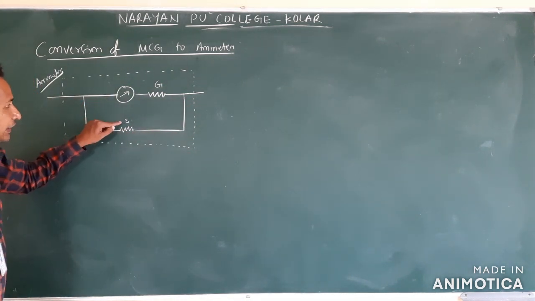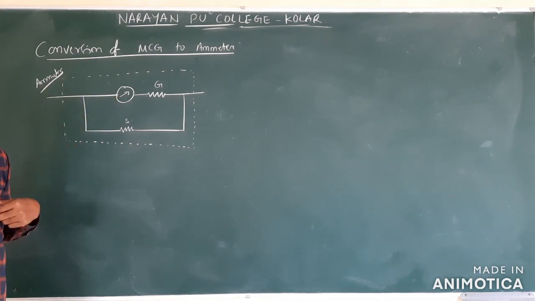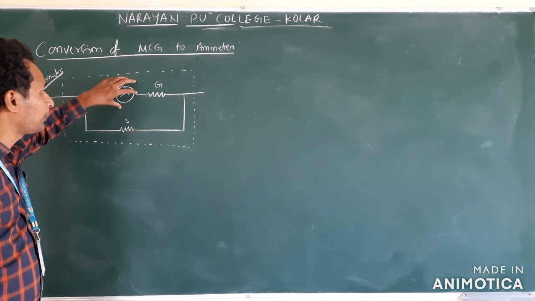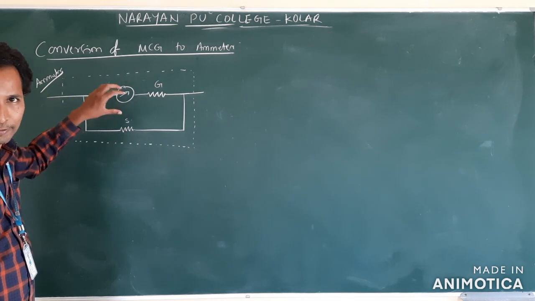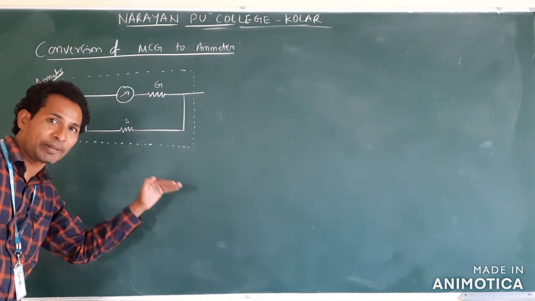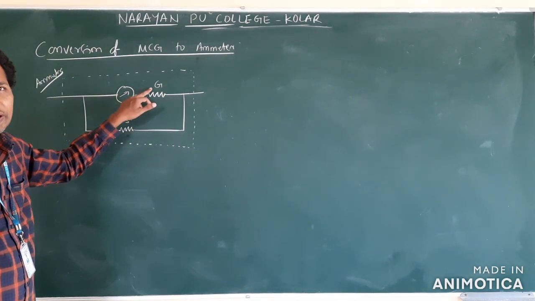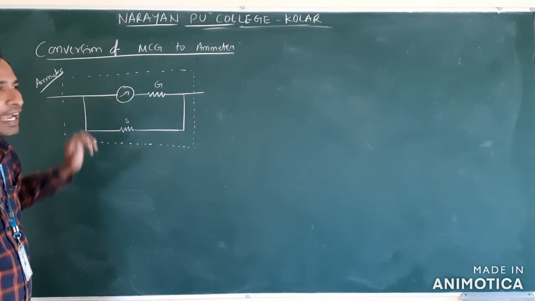The connecting S depends on the current being measured. Okay? It depends on our convenience. Clear? If we want to measure the lowest currents, minimum possible currents, that depends on S, not on G. By varying S, we can change the range of the ammeter.